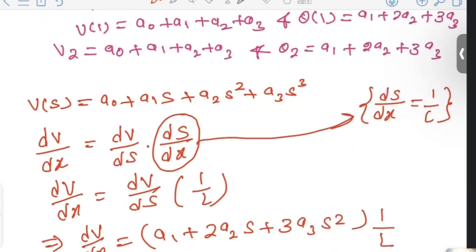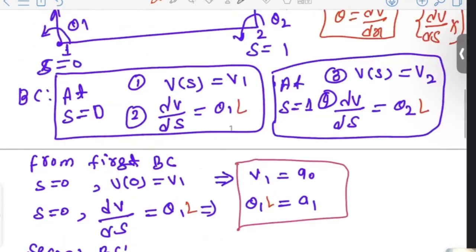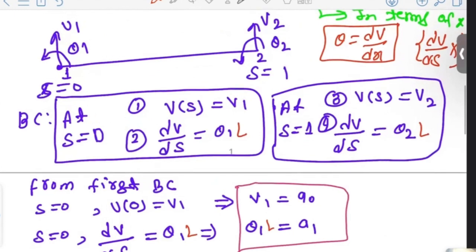I got somewhere confused. Can you help me? I got confused where I did wrong. This is correct, these are correct only.